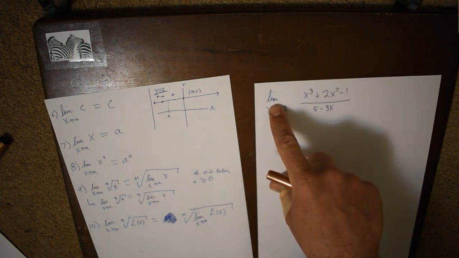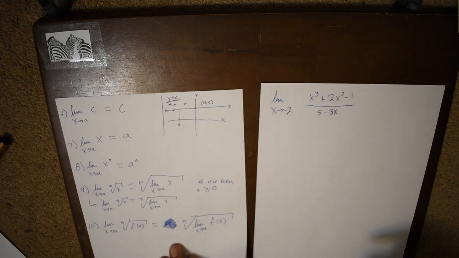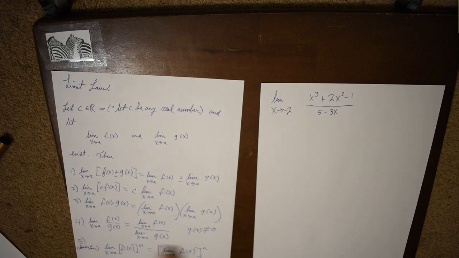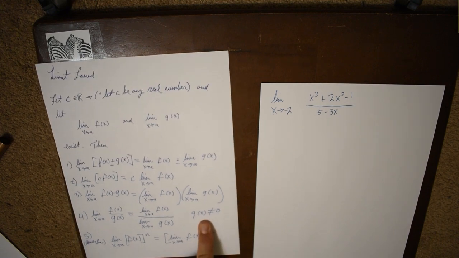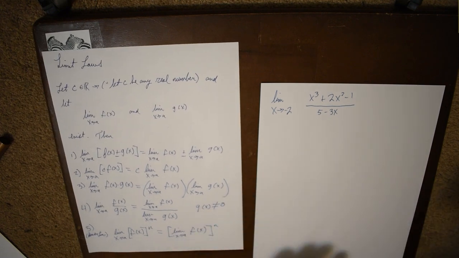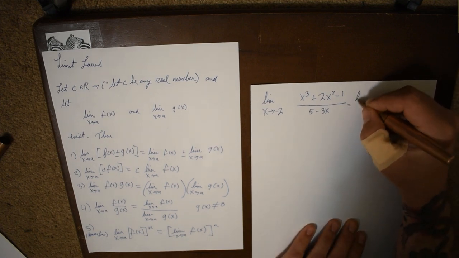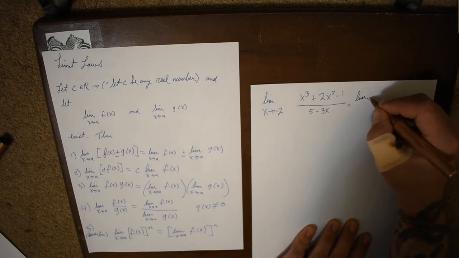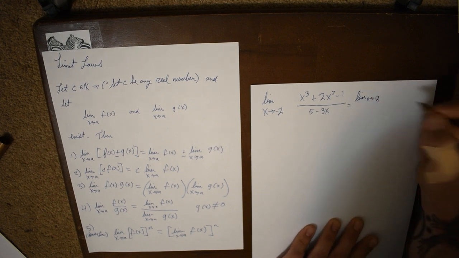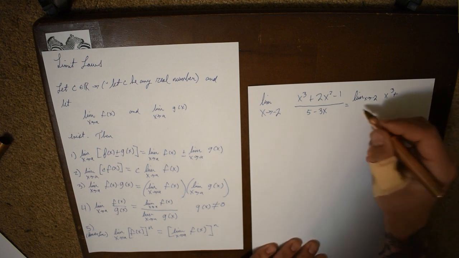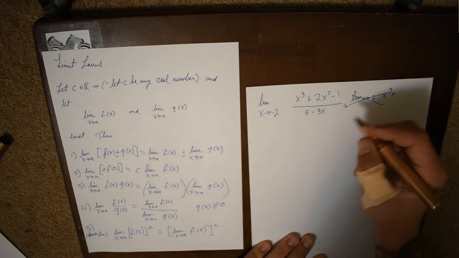Perfect. So the limit of the quotient is going to equal the quotient of the limits, provided that the denominator doesn't equal 0. So we're going to break this thing up. I don't want to cramp myself on this problem like I did the last one.